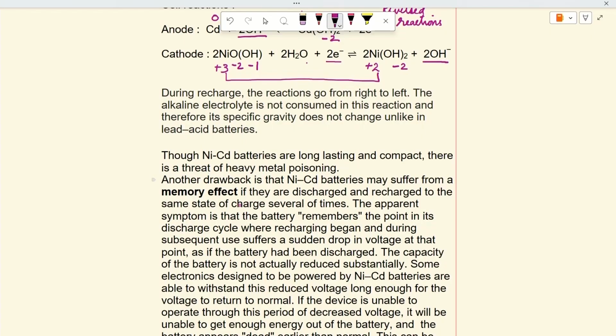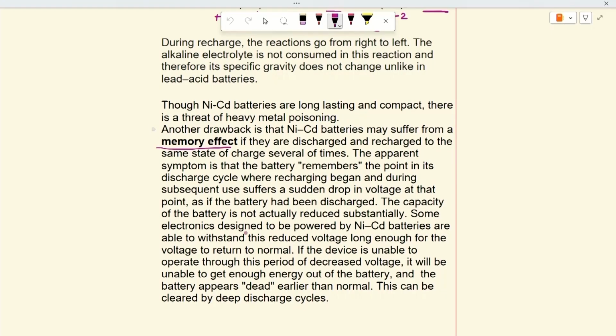Now, another drawback is that nickel cadmium batteries possess a memory effect. What is the memory effect? Memory effect is that if a battery is discharged, that is, we are using it to a particular extent, and then recharged again at the same discharged point, and this process is repeated several times.